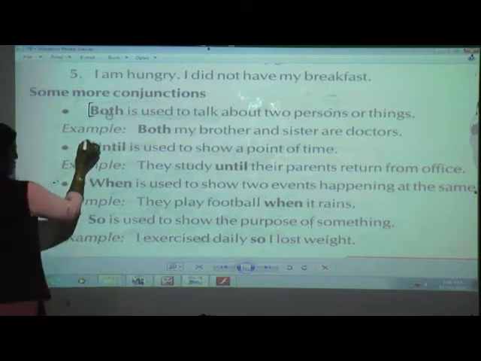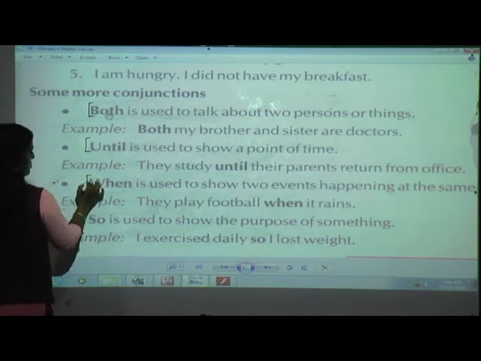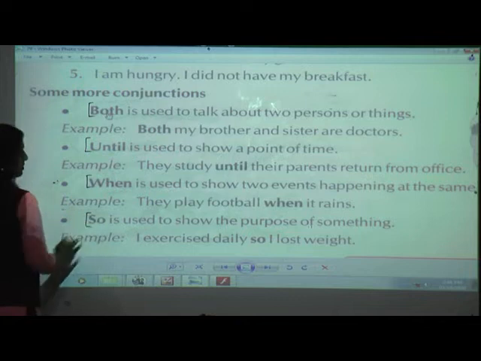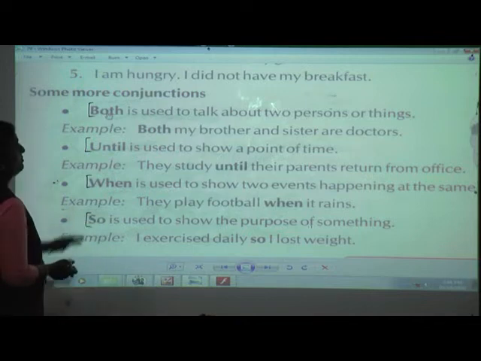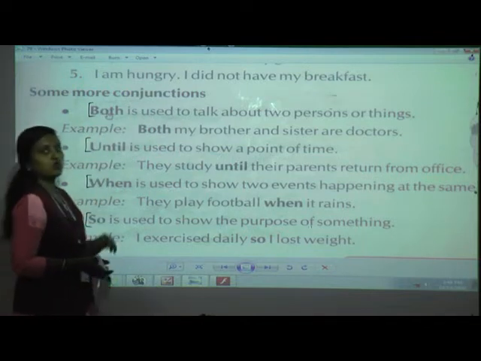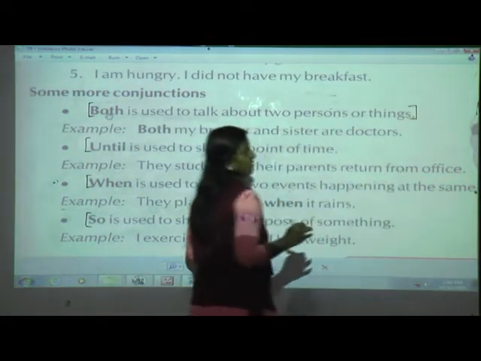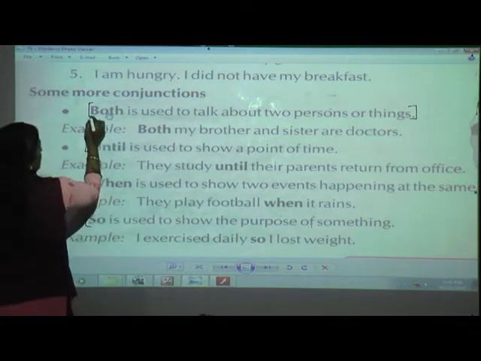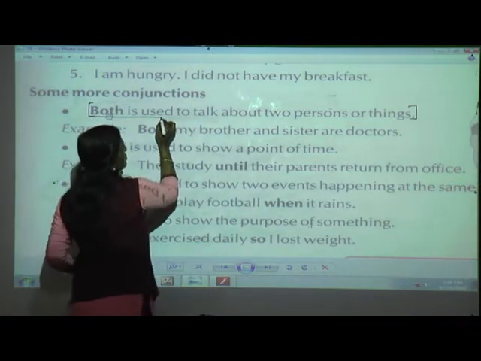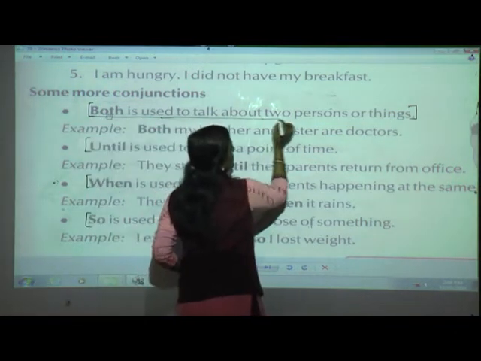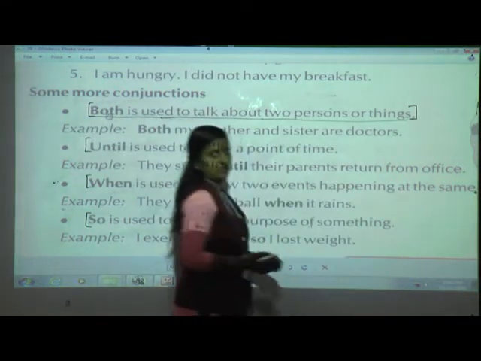Now why is both used, why is until used, why is when used, and why is so used. We'll come to the first one. Both is used to talk about two persons or things. So I expect that you underline this sentence. Again I'll repeat. When is the conjunction both used? Both is used to talk about two persons or things.